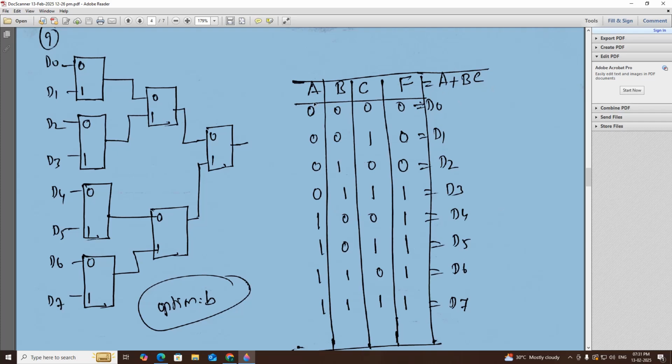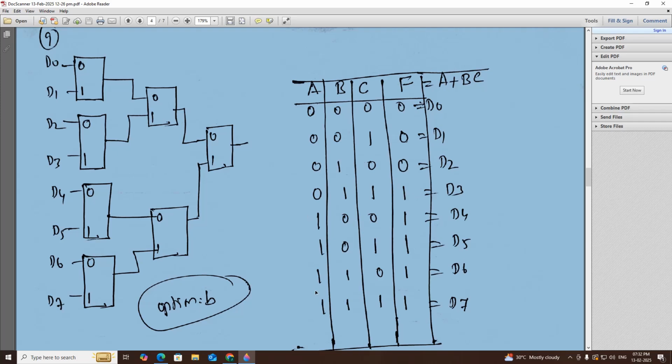So now here A is equal to 0, B is equal to 0, therefore you will get F equal to 0. Similarly for this combination, A is equal to 0, B equal to 0, you will get F equal to 0. Similarly for this combination, A is equal to 0 and B and C are 1, 1, this is 0, this is 1, therefore you will get 1. 0 plus 1 you will get 1.